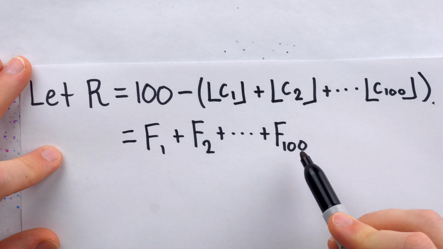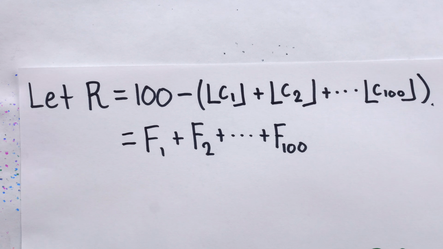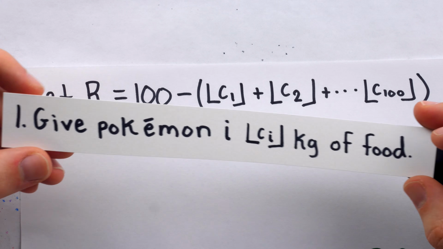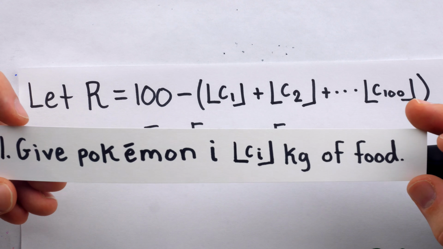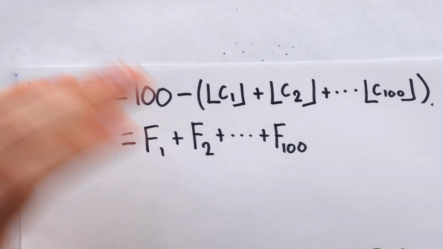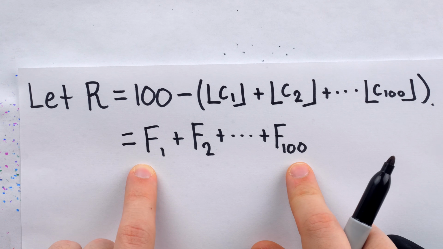If we add all of these up, we have to get the amount of food that we didn't give out. If we gave out 80 kilograms of food after the first step of our distribution, there would be 20 kilograms left, which must be entirely matched by an additional 20 kilograms of fractional bowl capacity.